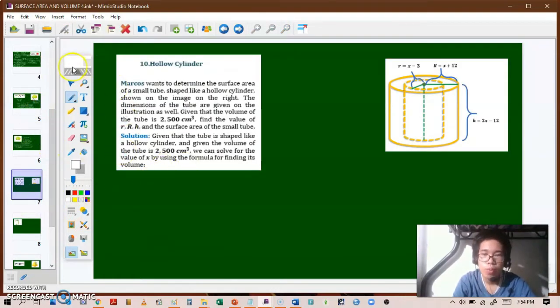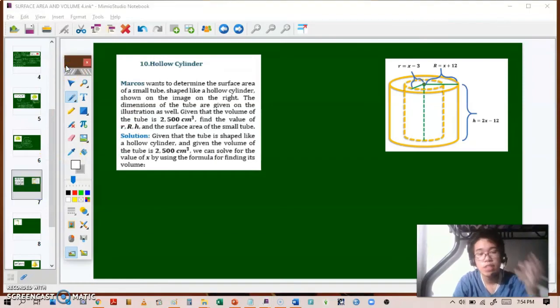Now we go to another problem, a hollow cylinder. It's kind of shaped like a tube. Marcus wants to determine the surface area of a small tube shaped like a hollow cylinder, shown on the image on the right. The dimensions of the tube are given on the illustration.